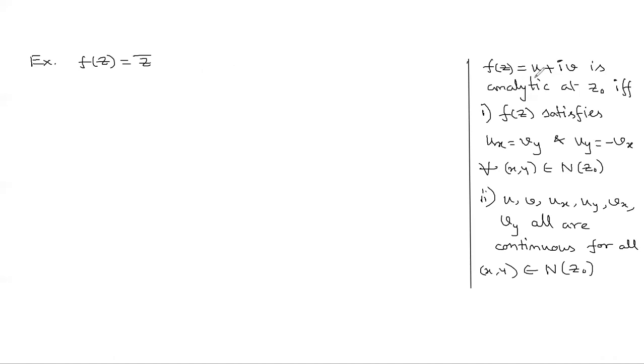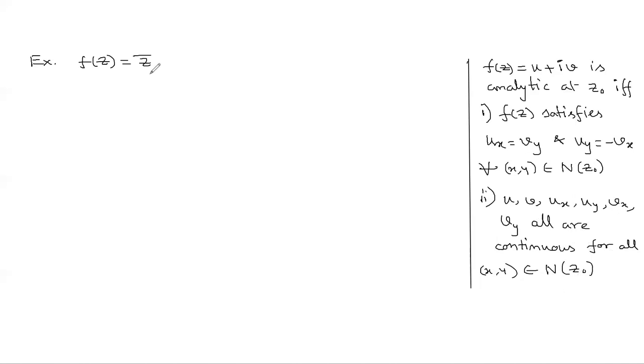Now, f(z) is analytic at the point z0 if and only if it satisfies Cauchy-Riemann equations, that is u_x equal to v_y and u_y equal to minus of v_x for all (x, y) in the neighborhood of z0, denoted by N(z0), and u, v, u_x, u_y, v_x, v_y all are continuous in the neighborhood of z0.